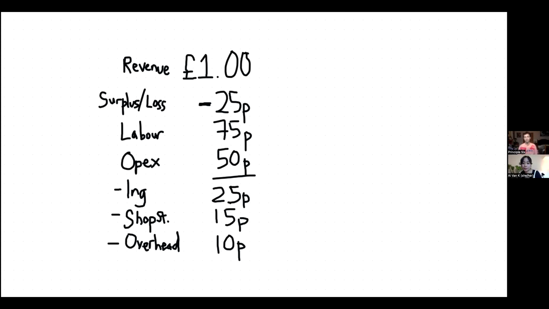So what happens next? Okay, so I want to explain more why we put the surplus and loss line at the top. It's really important. By putting it at the top, we are choosing to make 2p of profit for every pound of revenue, or we are choosing to allocate 20 pennies of profit for every £1 of revenue.